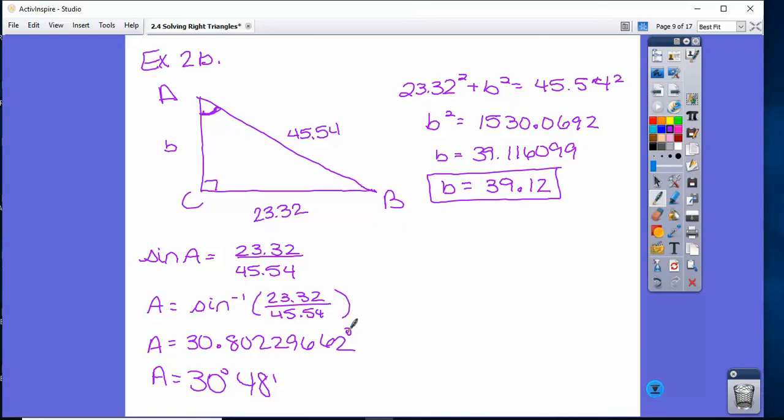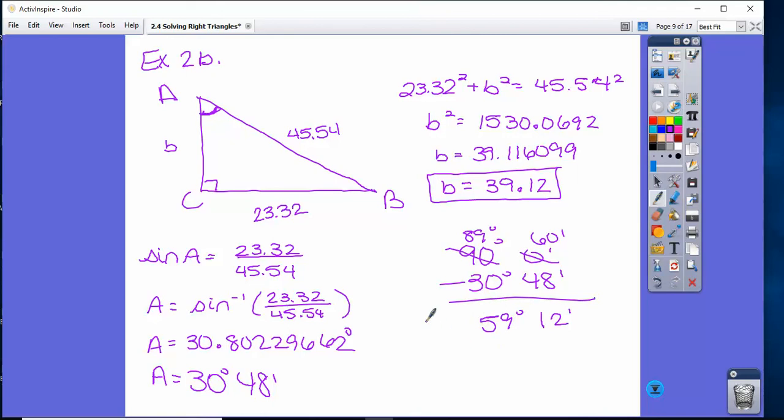From that, if I wanted angle B, I know A and B have to add up to 90, so I could just do 90 minus that. So borrow. And we get 59 degrees and 12 minutes.